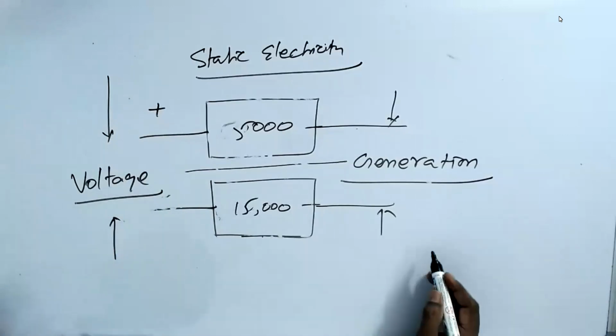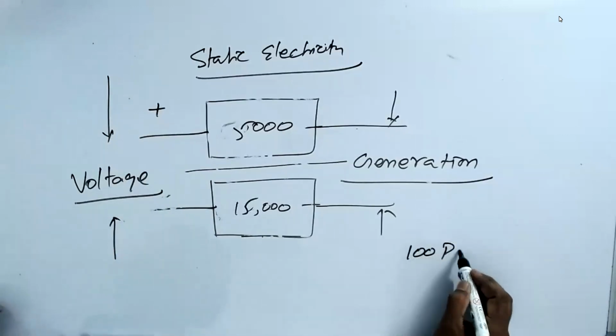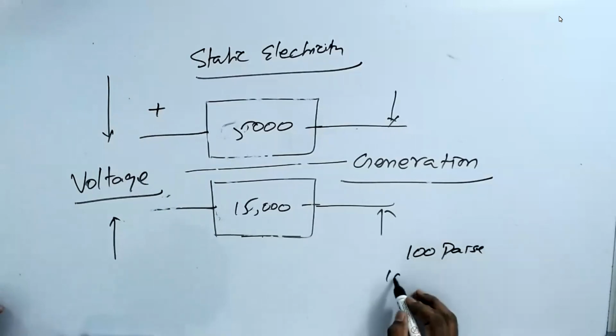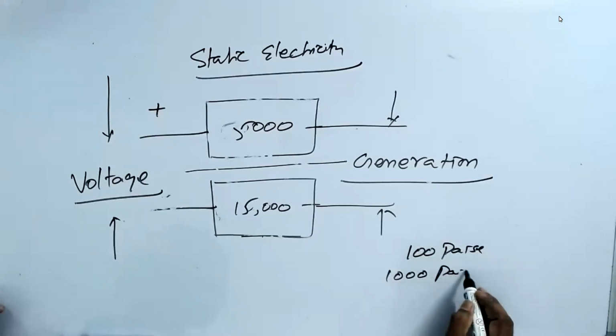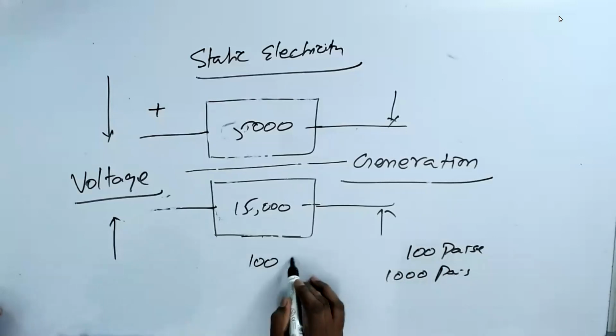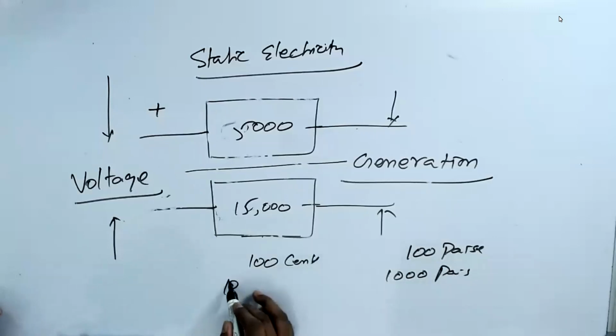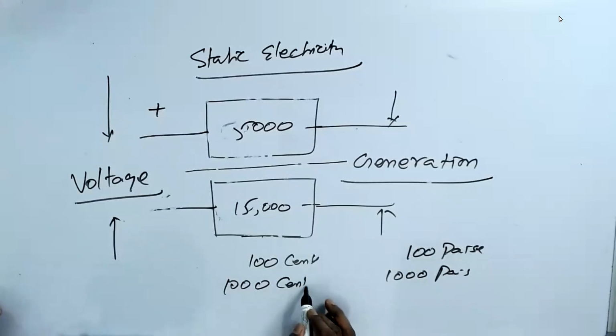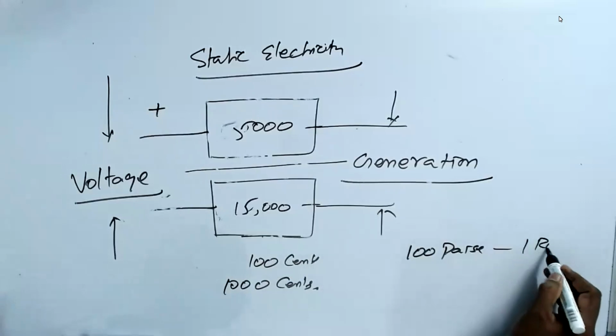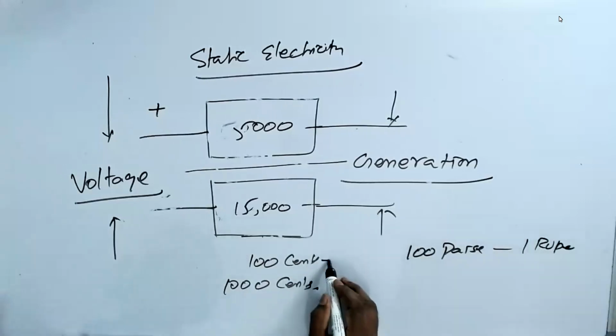Then you know that we have currency. In India, they call 100 paise, 1,000 paise. In the US, they call 100 cents, 1,000 cents. Then they wanted to name it too much, so they made 100 paise equal to 1 rupee, and 100 cents equal to $1.